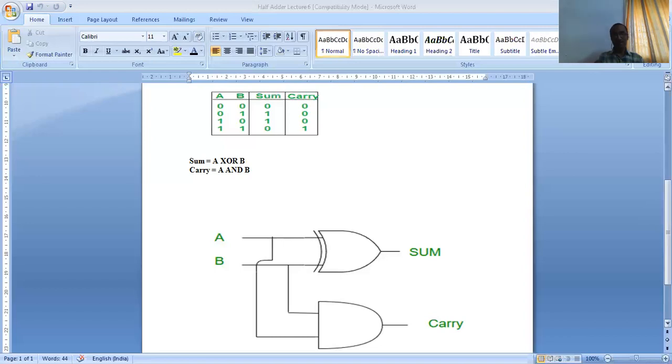Next, when A equal to 1, B equal to 1, 1 multiplied by 1, the output of the lower AND gate is 1. That is, carry is equal to 1.